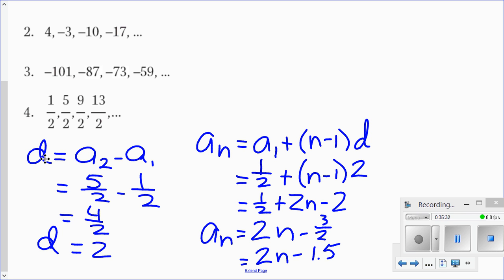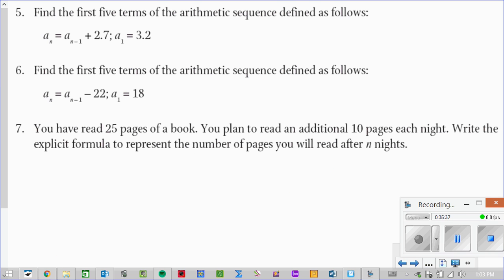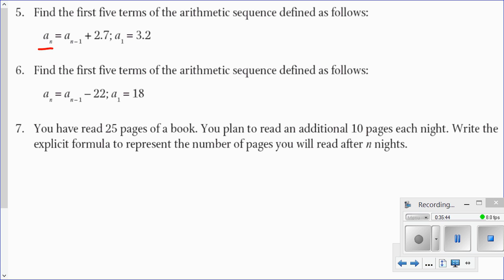Now you do 1, 2, and 3. Some of you in your older workbooks have an incorrect formula. You don't have a sub 1 here, and you don't have a sub n minus 1. If your formulas for 5 and 6 look exactly like this, you're good. If they look different, then you need to change these two to look like this.